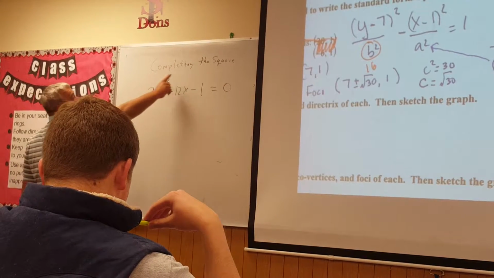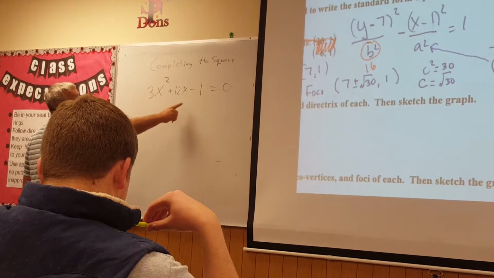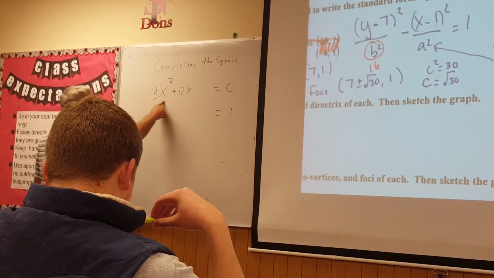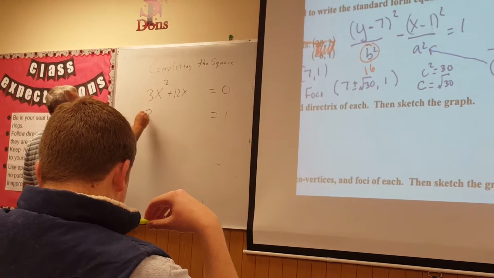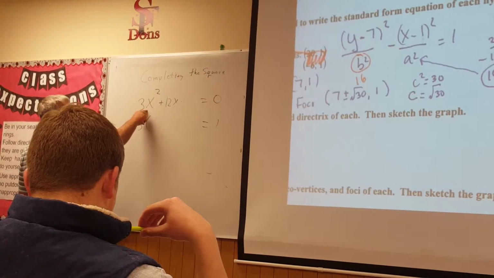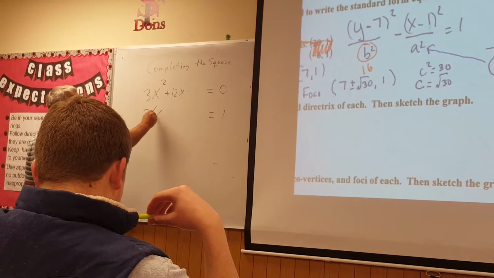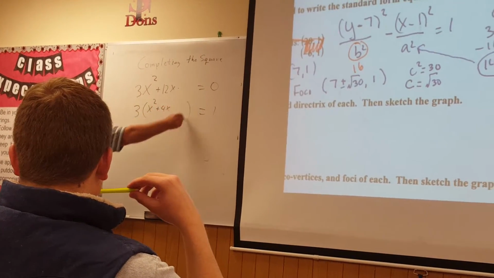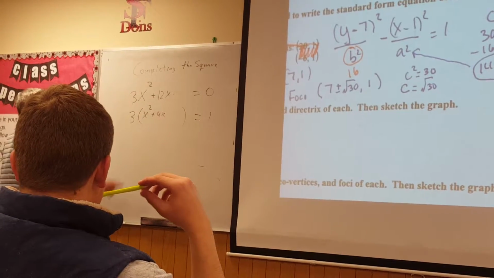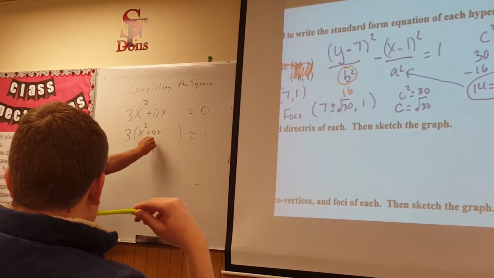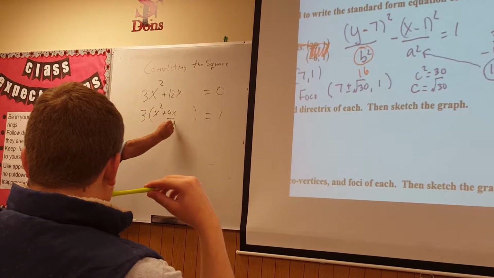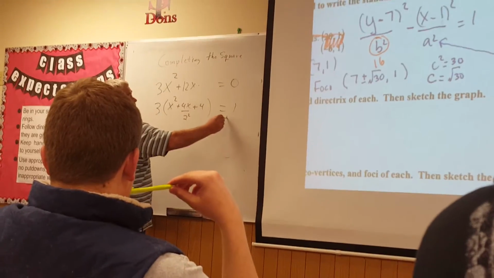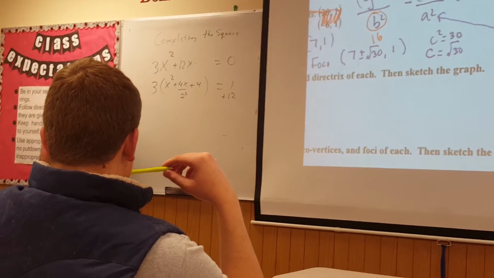So if I'm completing the square, I would add the 1 over here. But if this has to be 1, I have to factor a 3 out, okay? So that gives me x² plus 4x, and I put it in parentheses. So to complete the square, I take half of 4, which is 2, so I add 4. But over here then, I add 12.